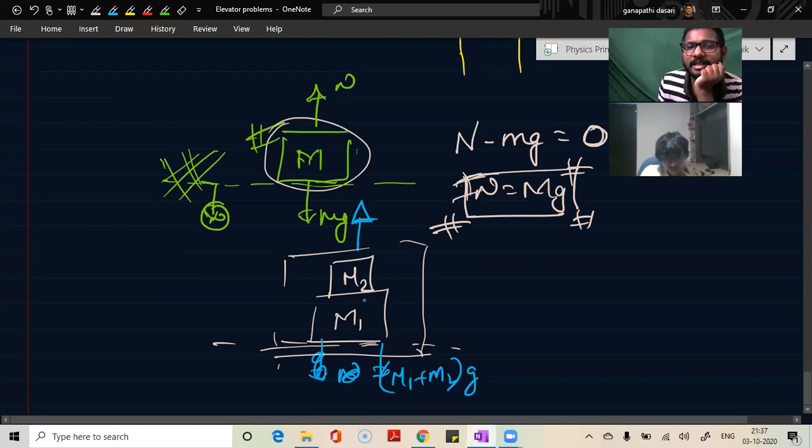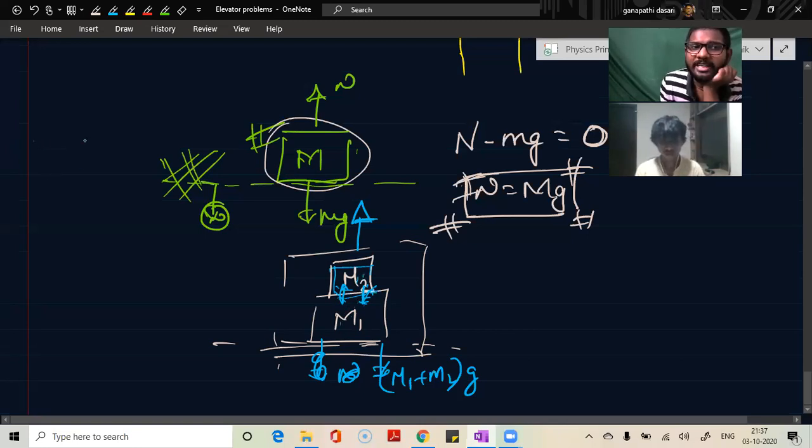You might ask me, sir, there will be a normal contact force here also, isn't it? But here I took m2 and m1 as an entire system. I combined both of them to be a system. So that normal is an internal force. I will not consider that force because it's an internal force between m2 and m1.